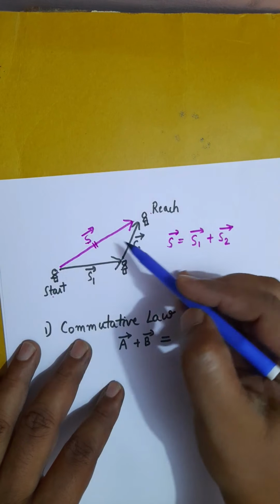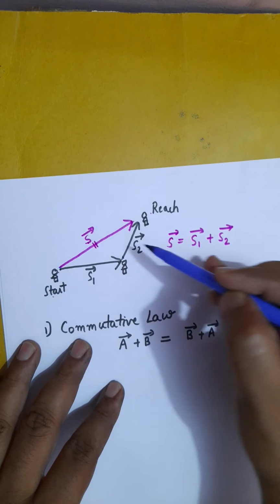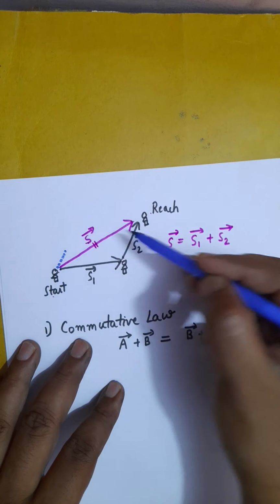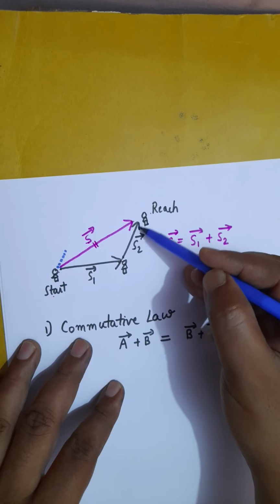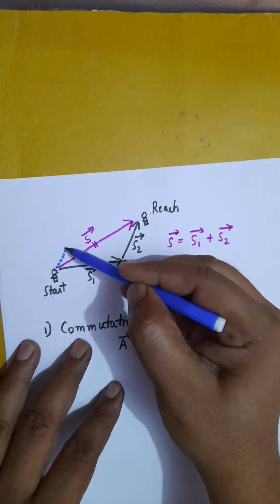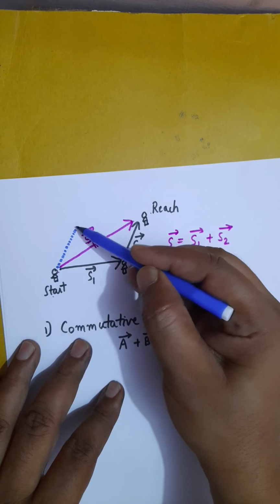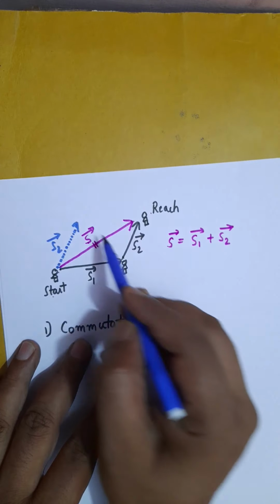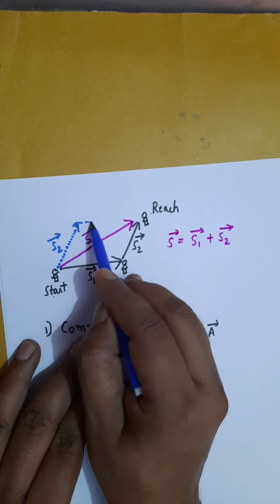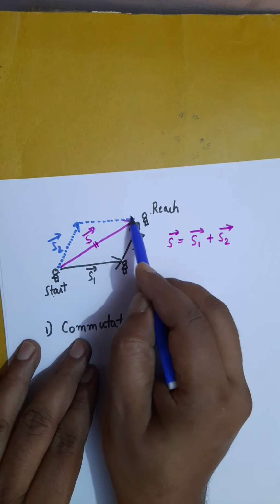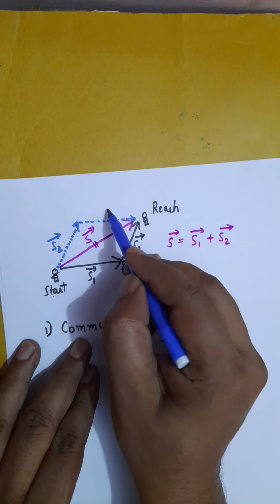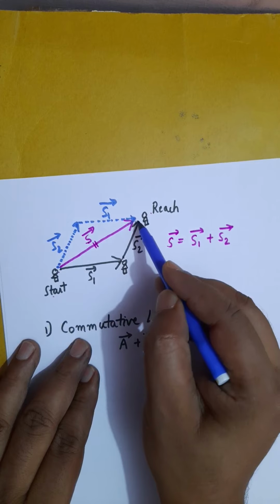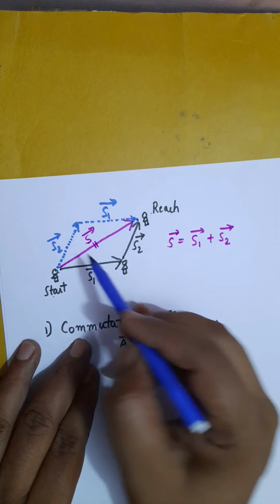Let's say you start from here and now you move in this direction which is parallel to this length. This is parallel to this length. So you take displacement S2 first and then you take displacement S1, and again you are at the same point.